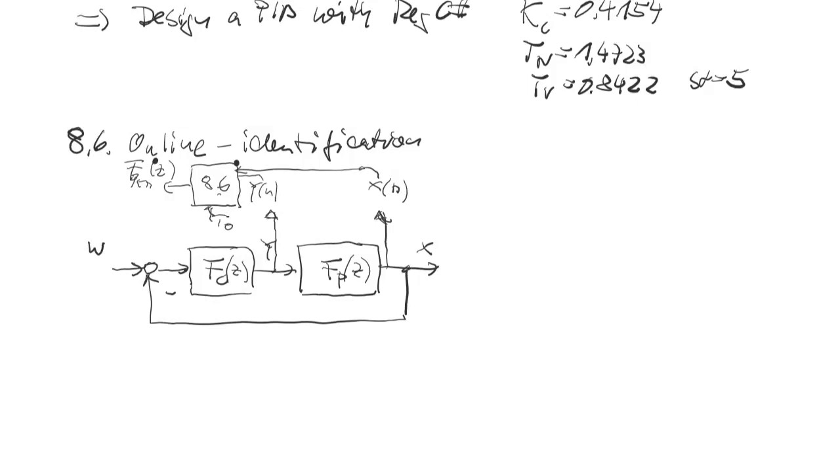We can now take the newly identified model and make a design. Each sampling time we make a new design, which throws out a new FFC controller, and this controller then is copied into the loop.